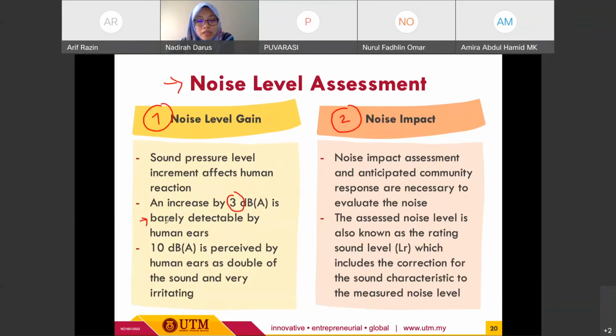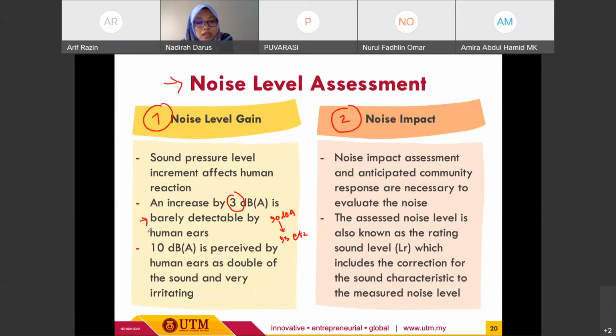For example, kita ada sound pressure level of 50 decibel A, and due to the activities, for example construction activities, the existing sound pressure level only increased to about 52 or 53. Okay, so this increment is actually not really significant, which is barely detectable by human ears.